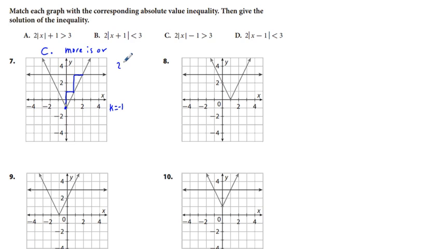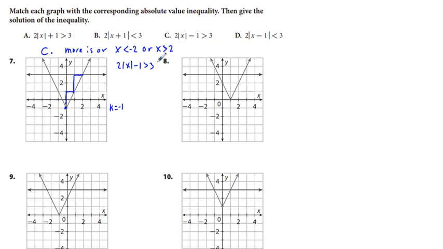So you have 2 absolute value of x minus 1 is greater than 3. And it looks like we should be less than -2 and greater than 2. So I'll say x is less than -2, or x is greater than 2.